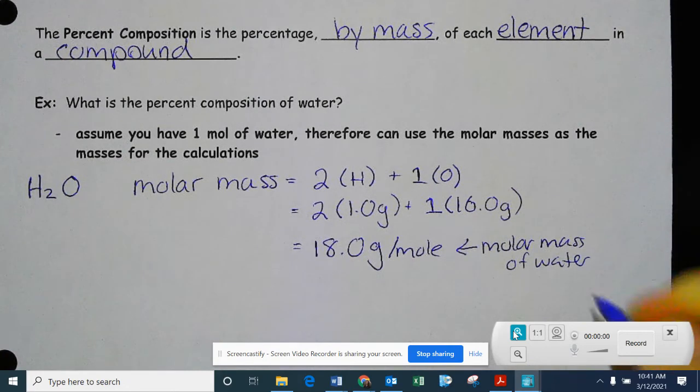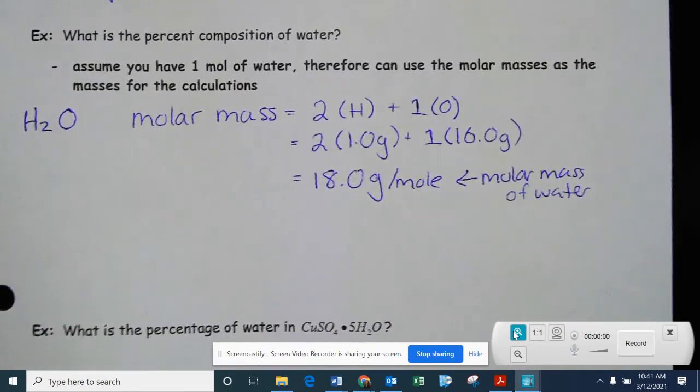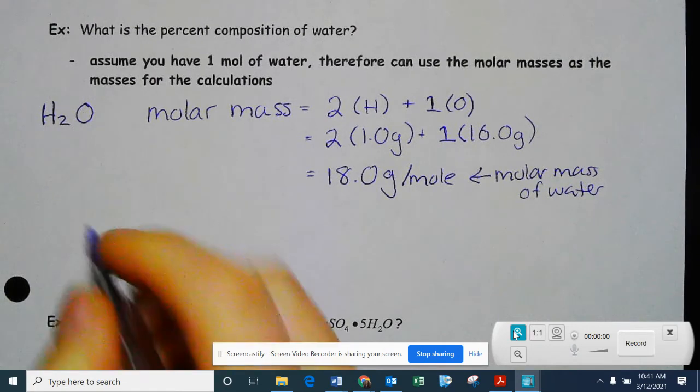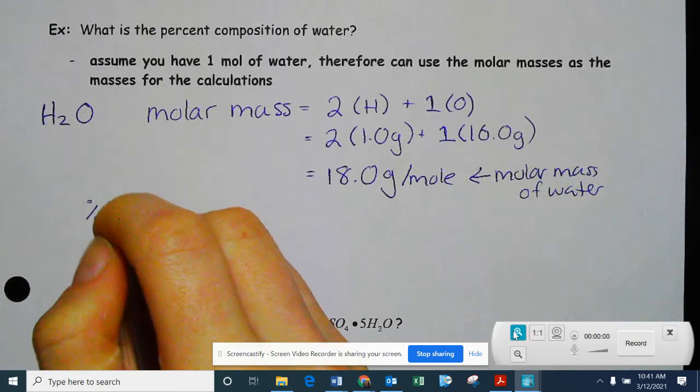But what I'm looking for is what percentage of that mass comes from oxygen, what percentage of that mass comes from hydrogen. So to find that out, okay, what percent is hydrogen?